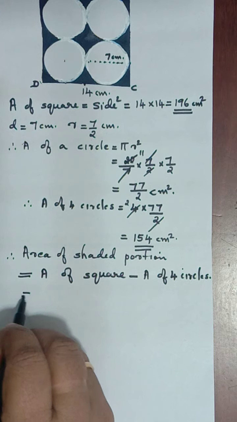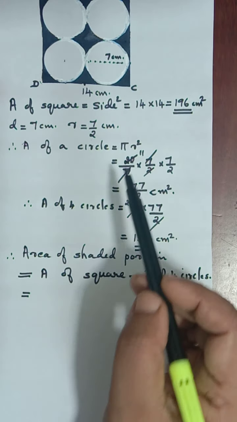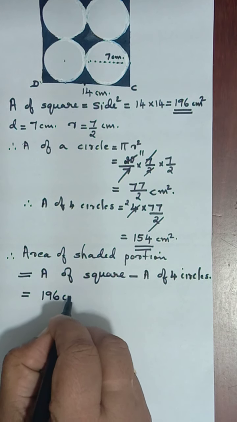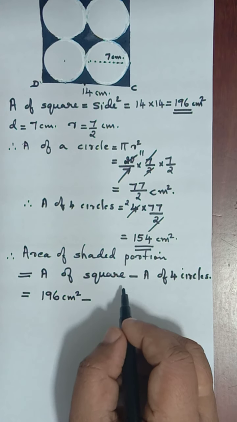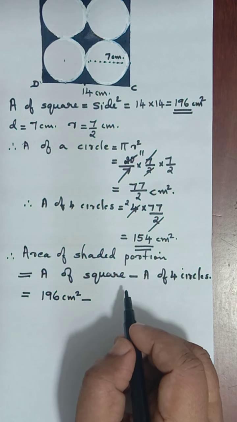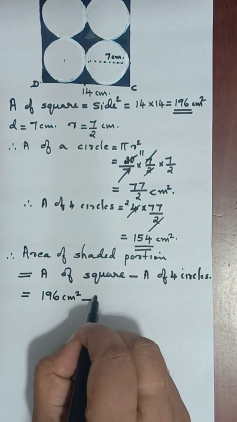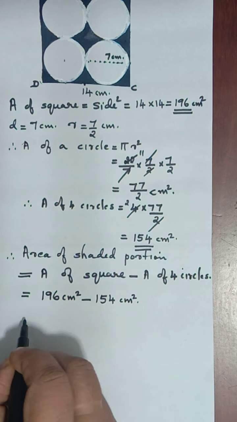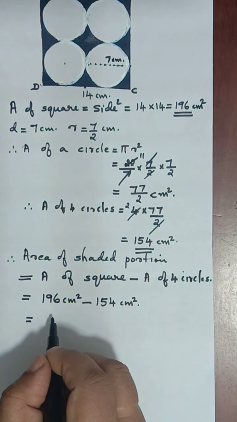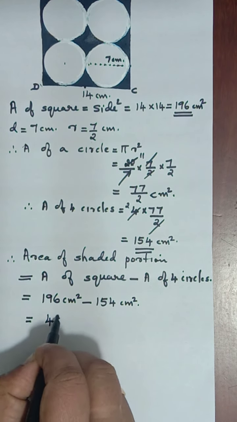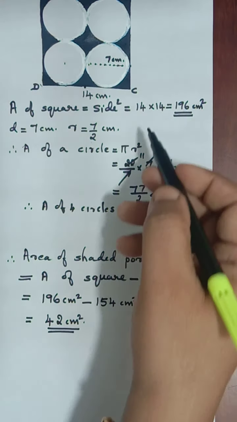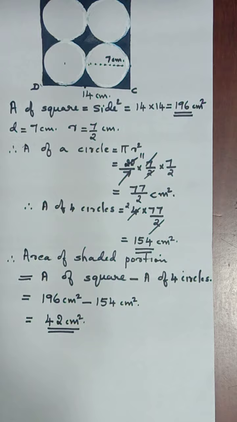Area of square we have found out, 196 cm square, minus area of 4 circles equal to 154 cm square. Therefore, when you subtract, what do we get? Equal to 42 cm square. That is the area of the shaded region.